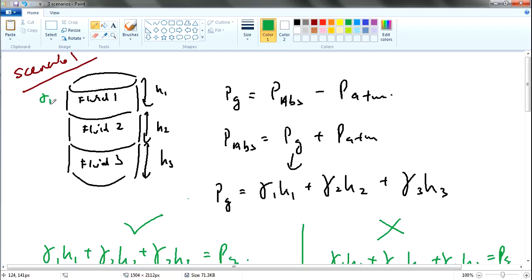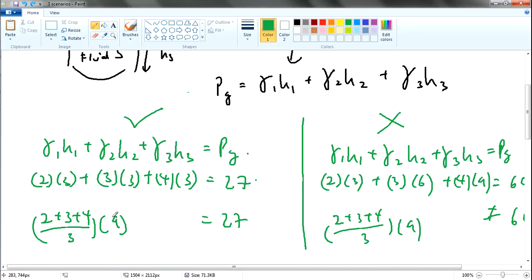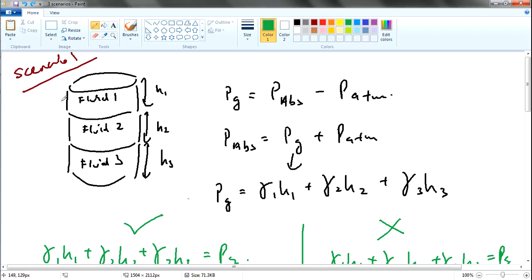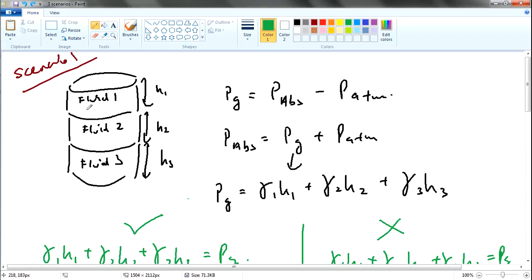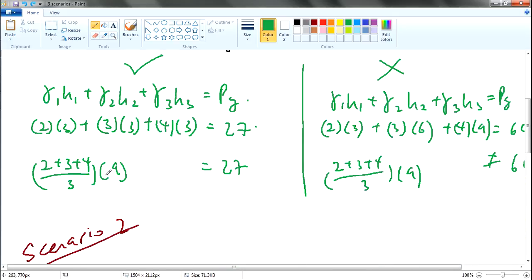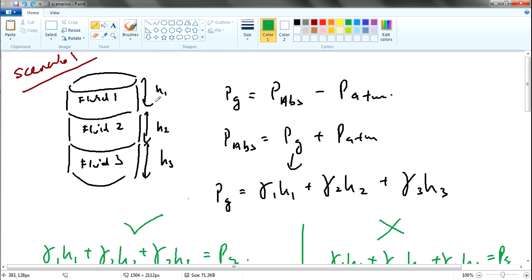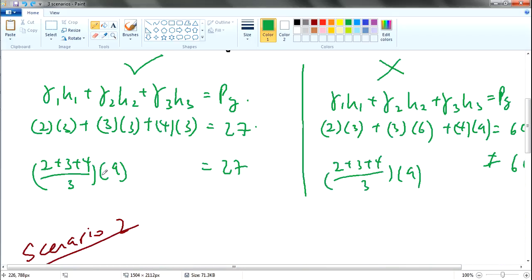The gamma for this is gamma 1, this one is gamma 2, this one is gamma 3, so you cannot solve them equally. One method is to get their gamma, their specific gravity, add them up together, divide by how many portions there are, and then multiply by their height, provided their heights are the same, meaning H1, H2, and H3 are the same. Otherwise, you cannot use this method.